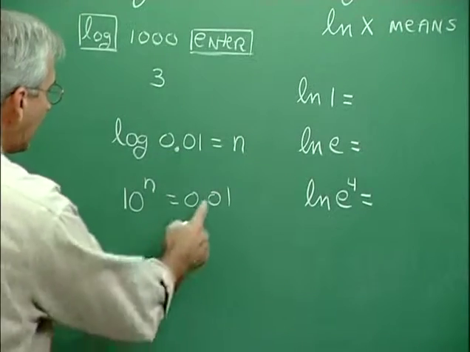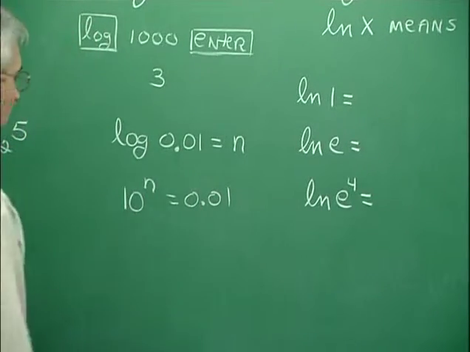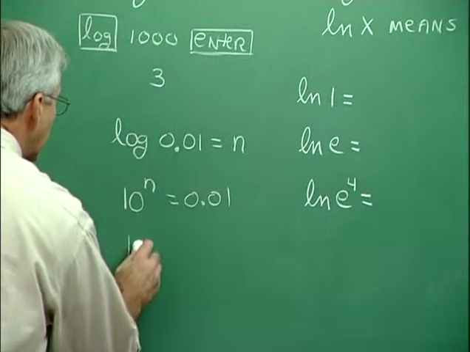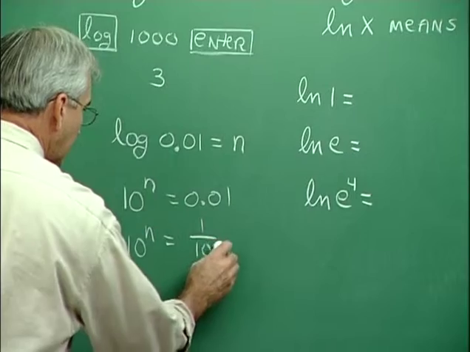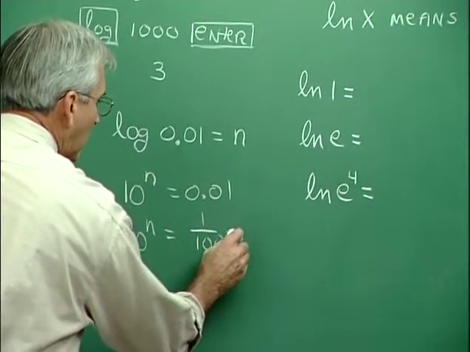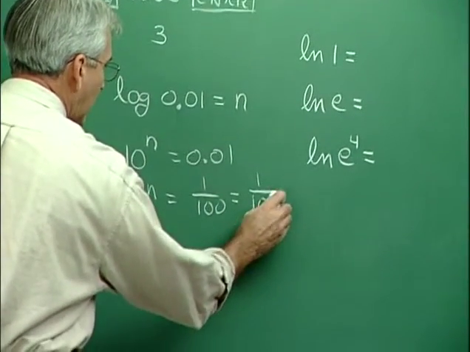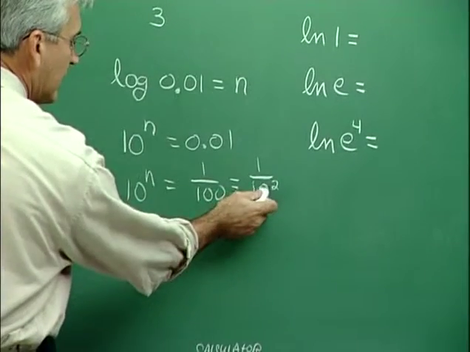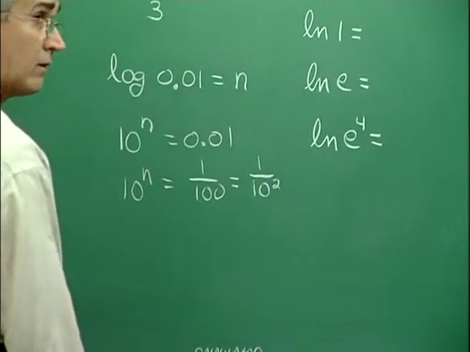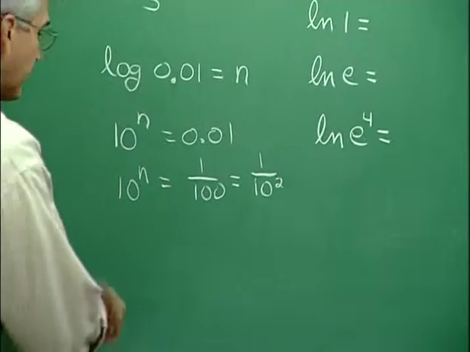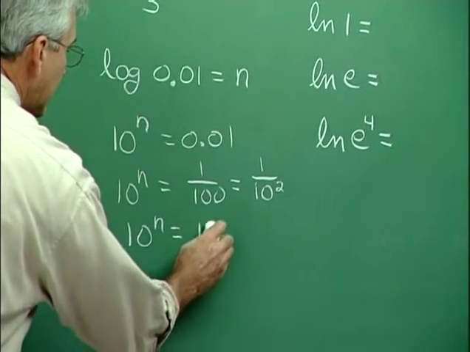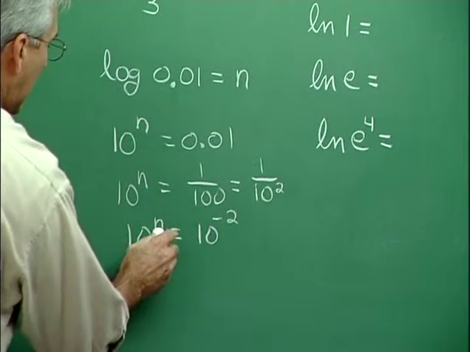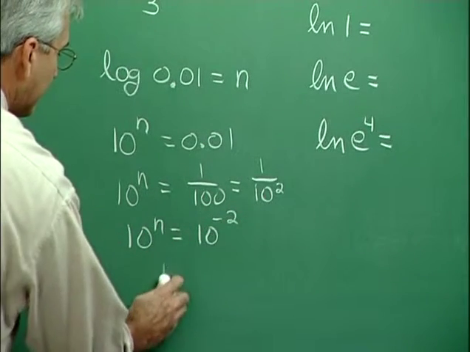How do we make the bases on both sides look alike? Well, we can write this as 1 over 100, and 1 over 100 is 1 over 10 squared. We can kick this 10 squared up into the numerator by applying a negative exponent. So 10 to the n is equal to 10 to the negative 2. Aha, so n is equal to negative 2.